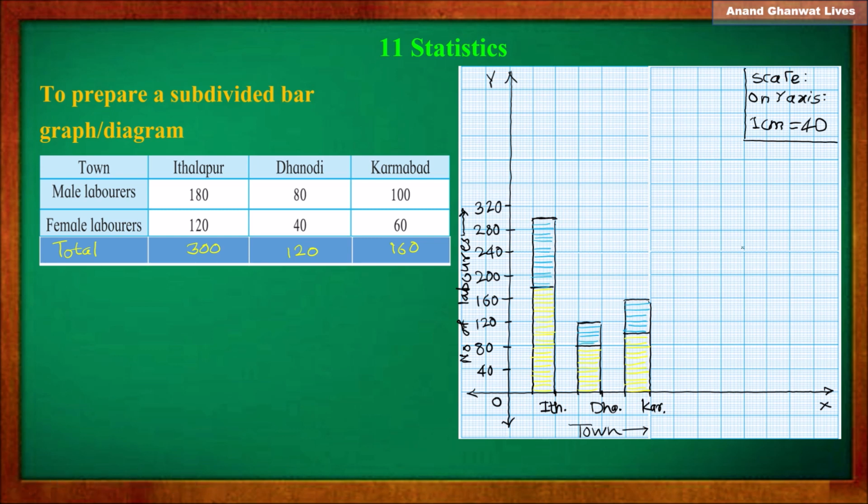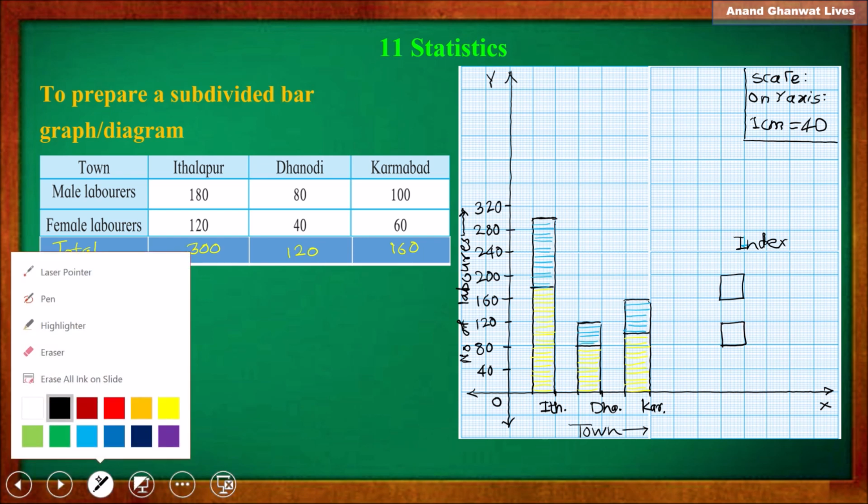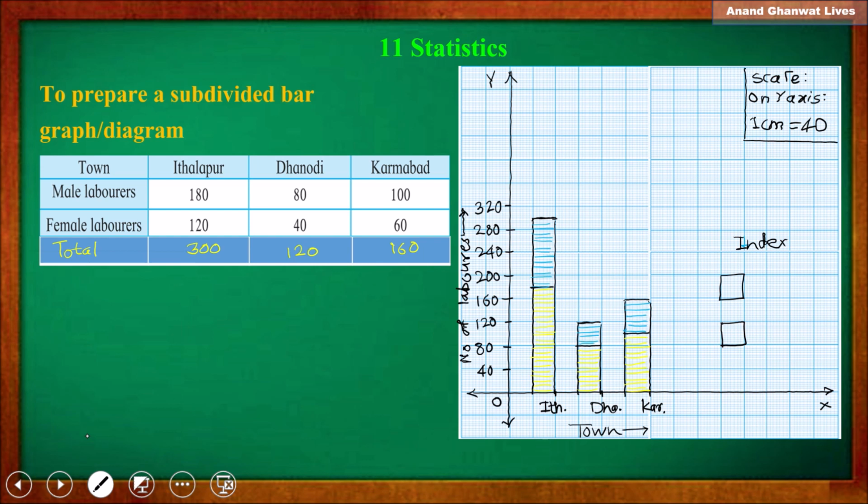The index of color first is blue color, and second is yellow color.